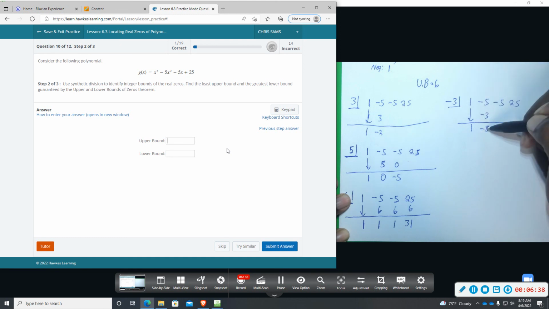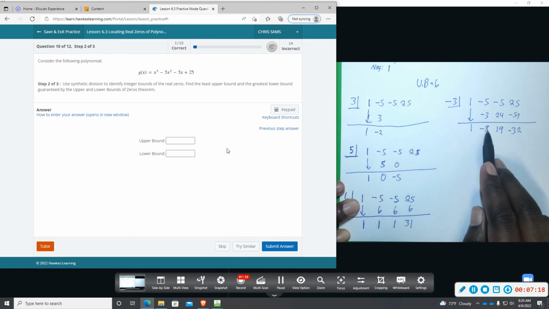All right, negative 3 times negative 8 will give me positive 24. Combine, and we get positive 19. And then negative 3 times 19 will give us a negative 57. And when we combine those, that gives us negative 32. Okay, so it alternates positive, negative, positive, negative.